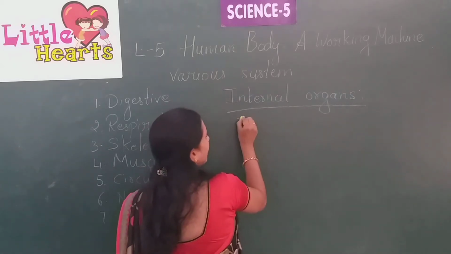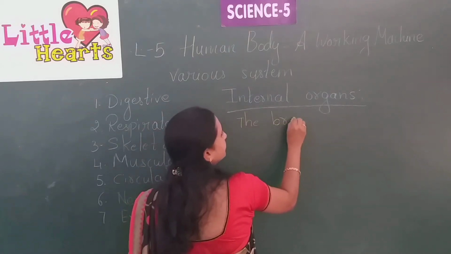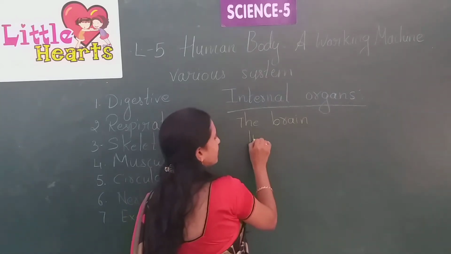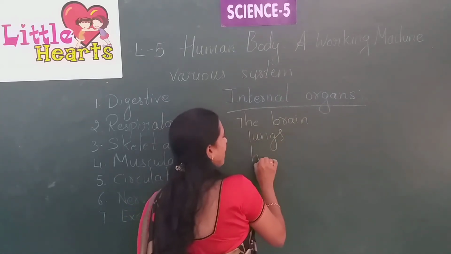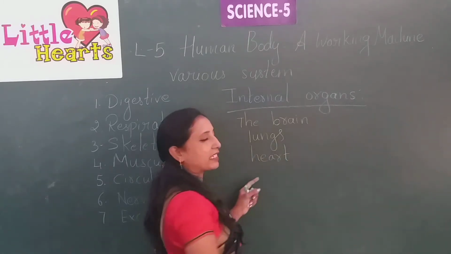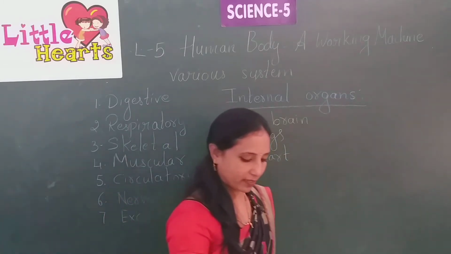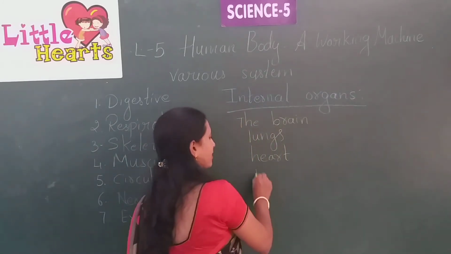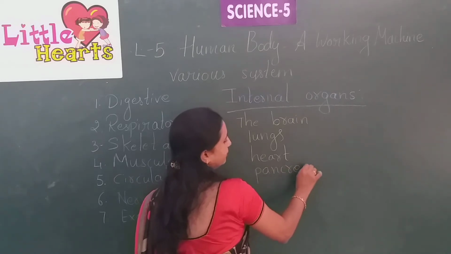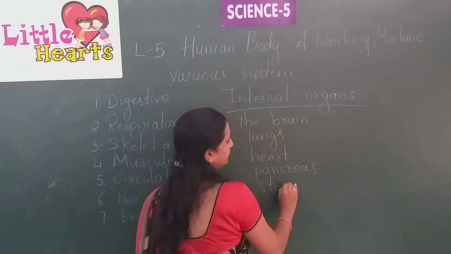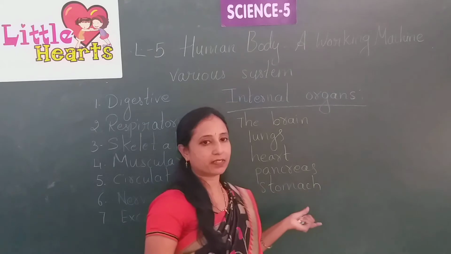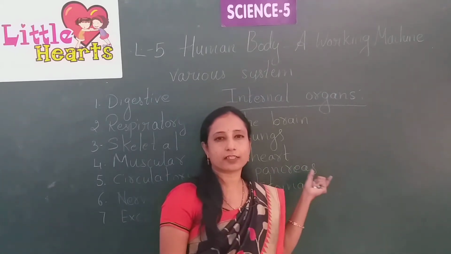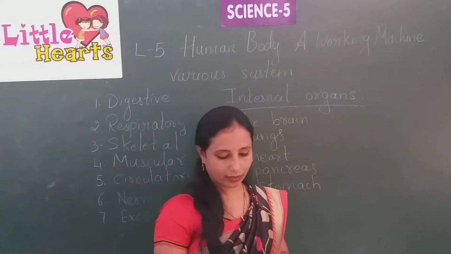There are many internal organs like the brain, lungs, heart, and also pancreas, stomach. These are some more examples. And also you have kidneys, intestines. These all come under internal organs.